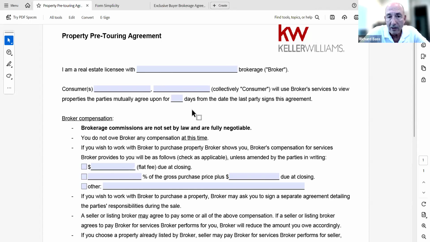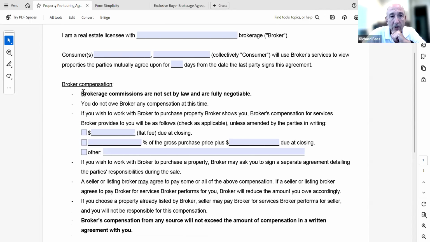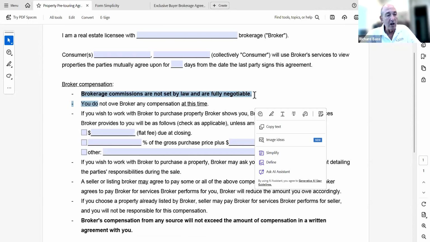This agreement, since it is really not binding on anybody, you can put in as short as 1 day. You might put in 7 days, you might put in 30 days. The main purpose of this first line is to let the buyers know that brokerage agreements are not set by law, they're fully negotiable.